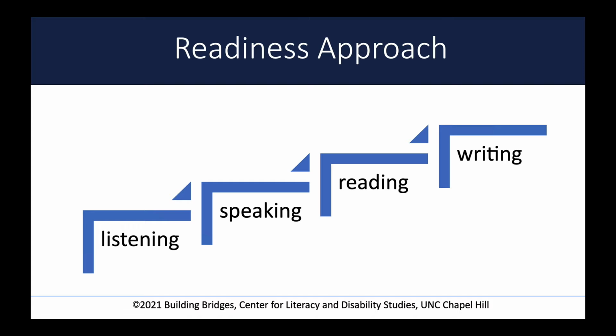This readiness approach is especially challenging for students who use augmentative and alternative communication, or AAC, to communicate, because we know that they often don't reach a sophisticated level of independent communicating or speaking with aided AAC systems until they become literate. In other words, they never master the lower steps because their means of communication is dependent on skills in reading and writing.